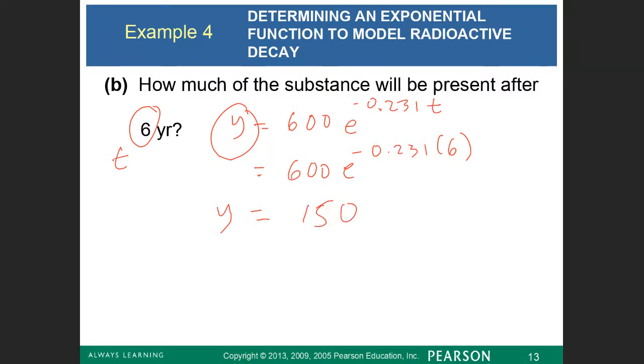So that would be the answer for letter B. Because we're talking about how much of the substance will be present, the unit here is grams. So we can put the unit grams here. So 150 grams would be the future amount.